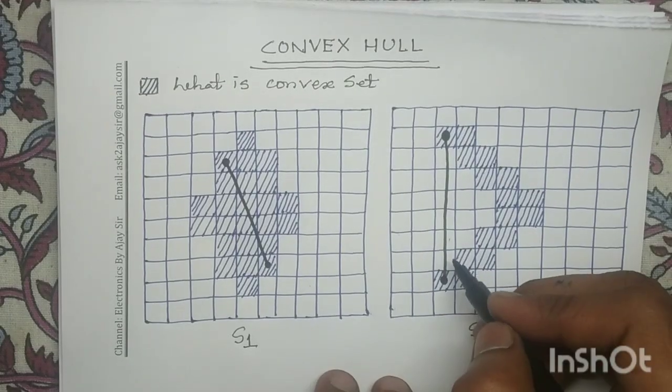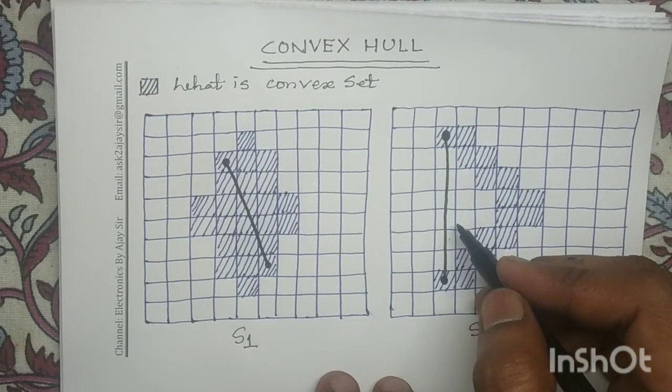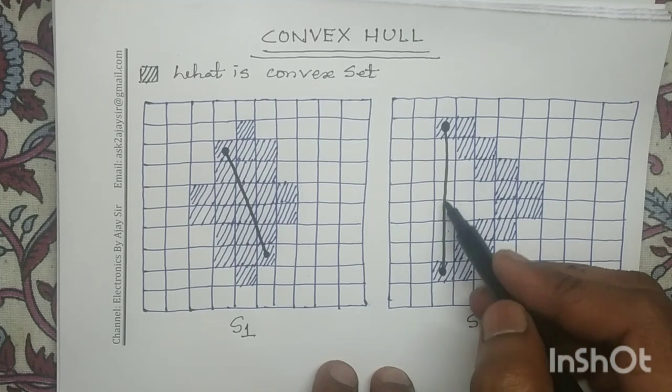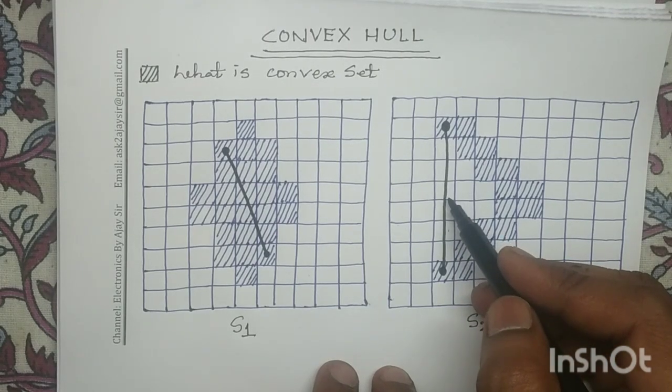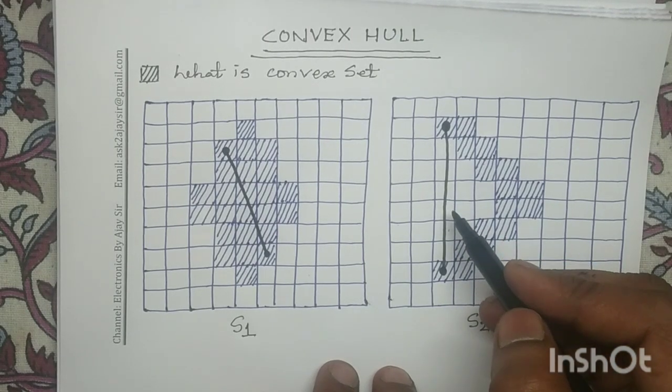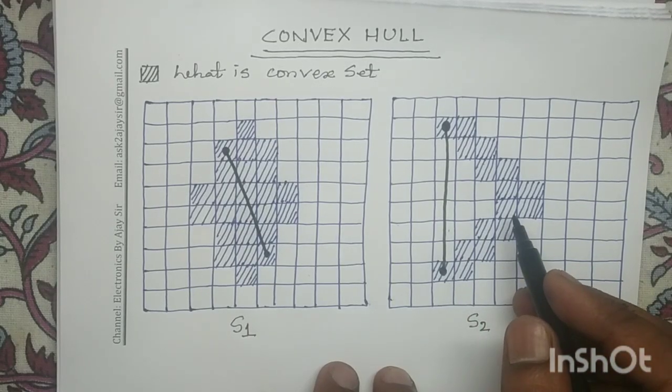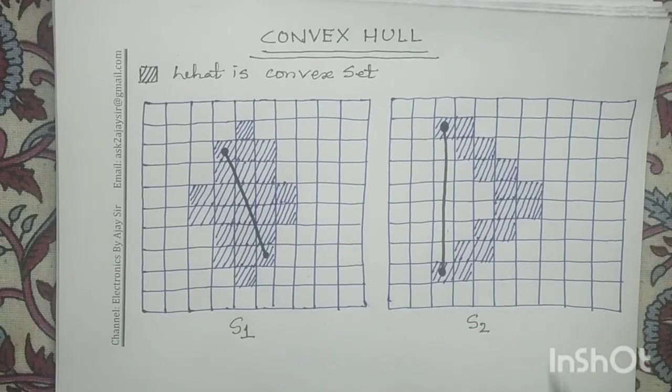It is passing through this white pixel, and these white pixels are my background pixels. Since this straight line is not passing through the object pixels, we will say this object set S2 is not convex in nature.